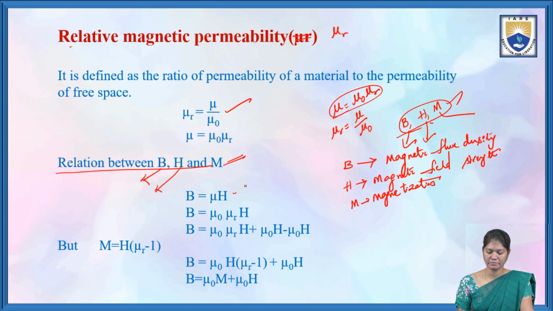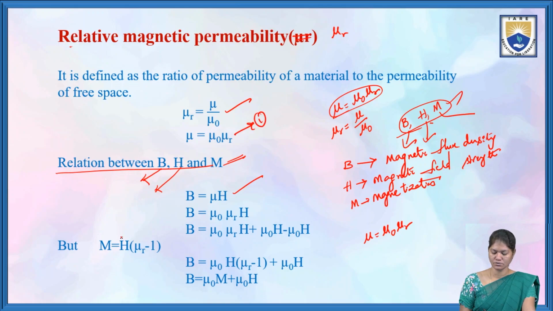As we know, B is equal to mu H. Let mu is equal to mu naught mu r be equation 1.